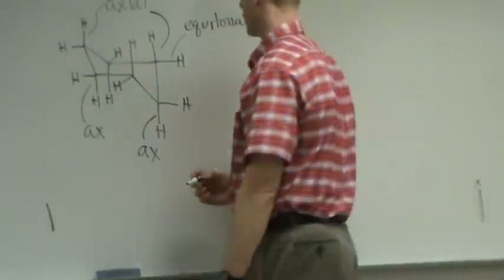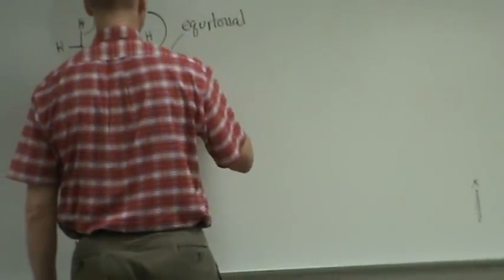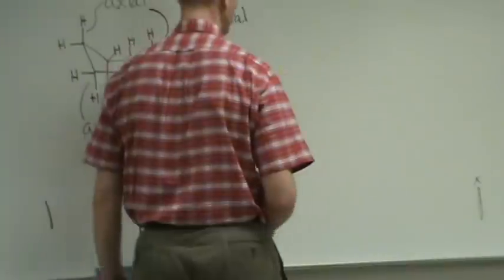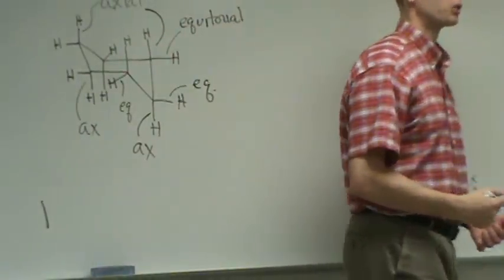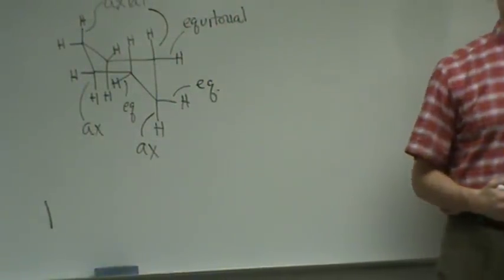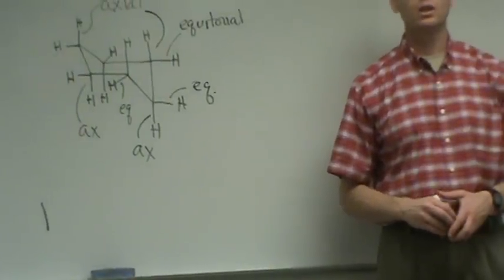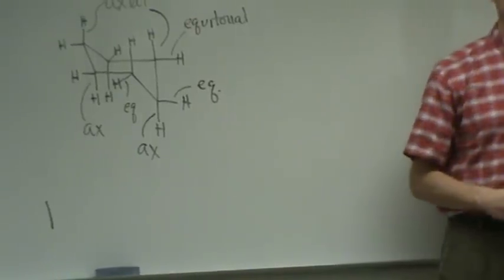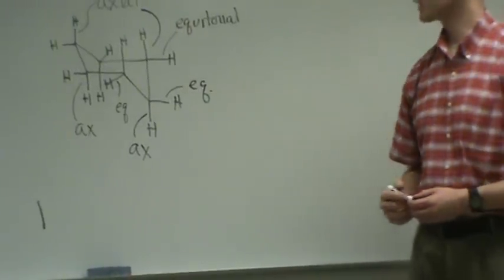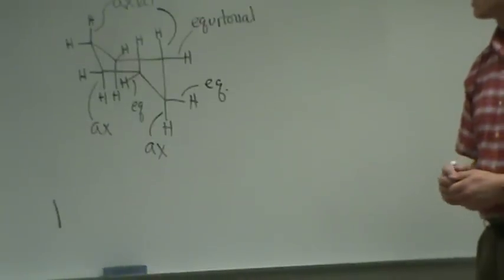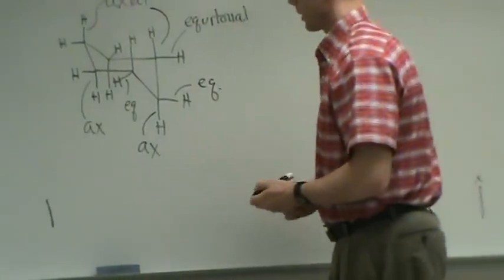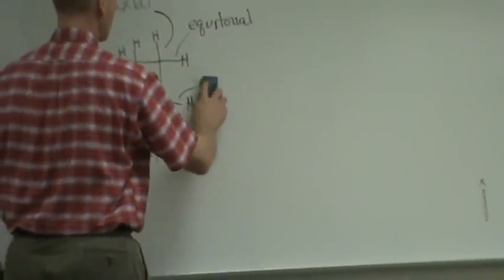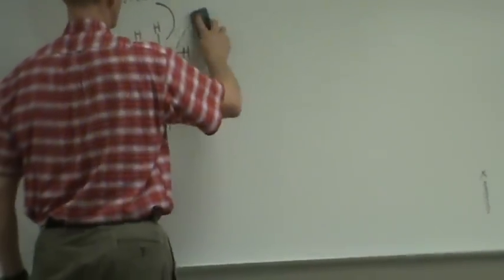We've got 6 equatorial bonds as well. Again, I won't label them all, but just to give you a sample of them on the molecule. So any questions on what axial and equatorial bonds are? Let me erase them and clear the picture here.